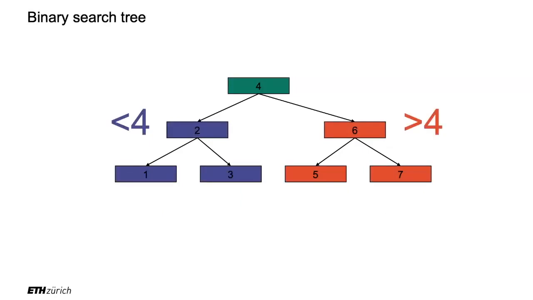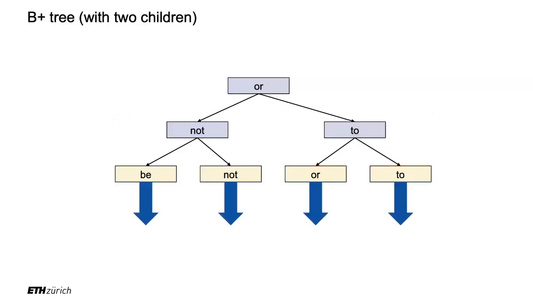So I showed that to you with numbers because that's just easier, but you understand that I can also do it with words, right? If I sort them alphabetically, I can also compare words, and a word comes before or after another word in a dictionary. So I could put my nodes in there in such a way that everything on the left comes before the word in the dictionary, and everything on the right comes after the word in the dictionary, right?